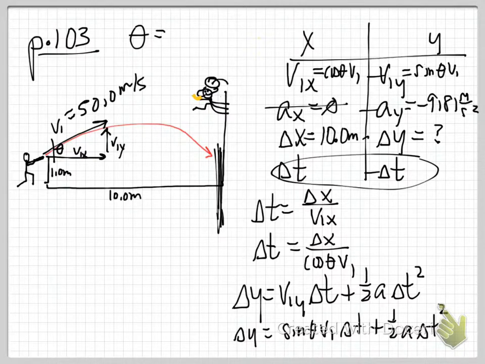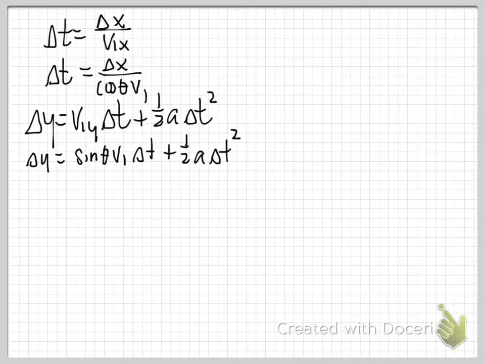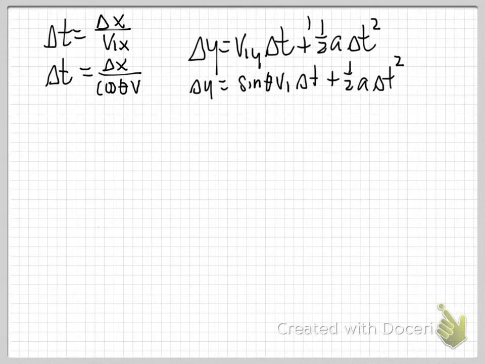We're ready to do some manipulation here. We're going to take just this and carry it to the next page. And actually I'm going to line these up a little bit differently. So of course you know that we're going to take this and substitute it in for delta t.